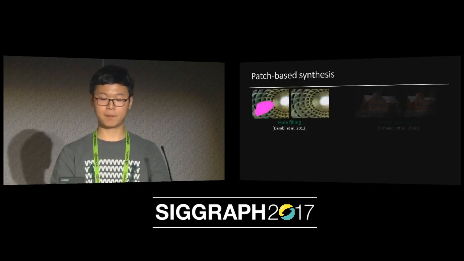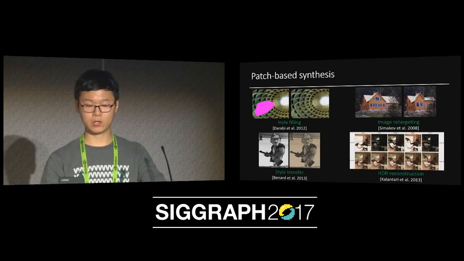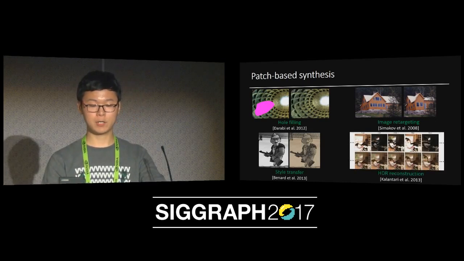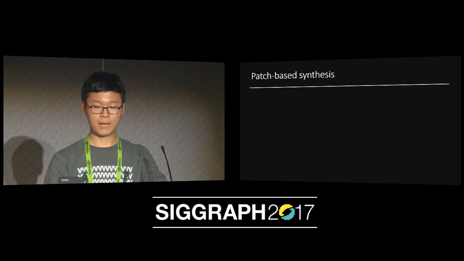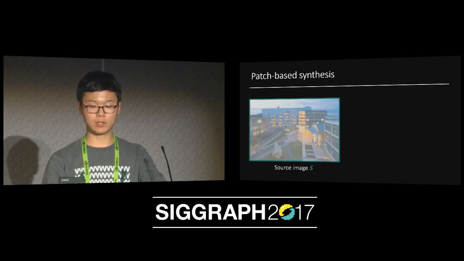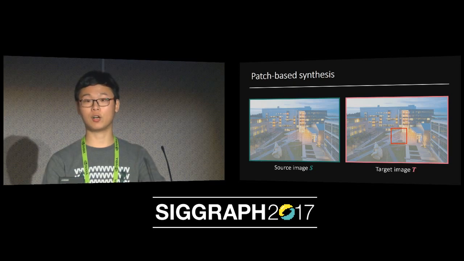Our method is inspired by the recent success of patch-based synthesis in a variety of applications, such as hole filling, image retargeting and editing, style transfer, as well as HDR reconstruction. For patch-based synthesis, we are copying patches from the source image to the target image. It consists of two stages. The first stage is the search stage, which locates suitable patches to copy.